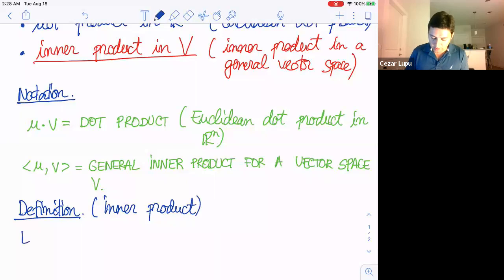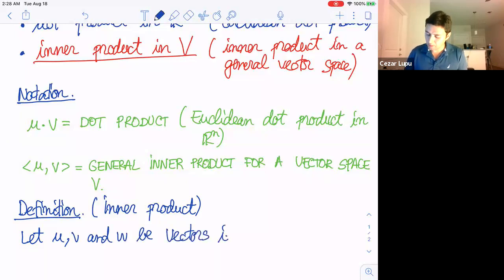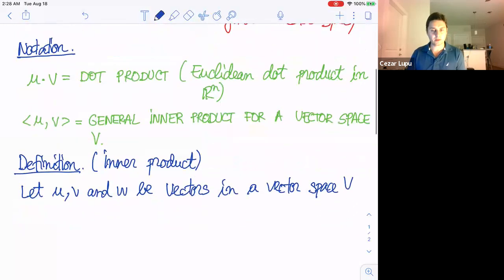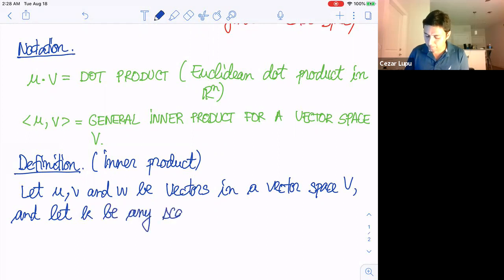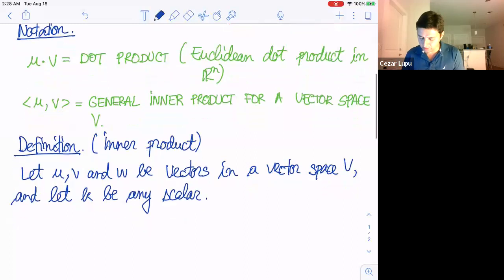Now we'll consider vectors, let u, v, and w be vectors in a vector space V. Like I said, I don't say anything about the dimension, it doesn't matter. And let k be any scalar. It can be a real scalar, complex scalar, but anyway, let's assume it's a scalar.